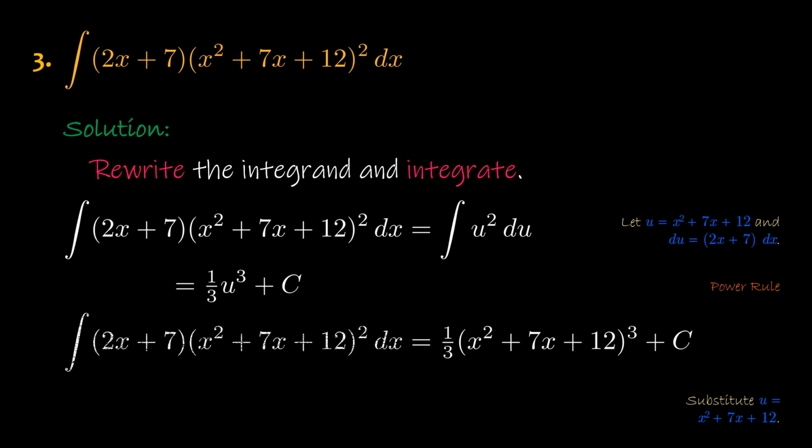Thus, the integral of quantity 2x plus 7 multiplied by the square of quantity x squared plus 7x plus 12 dx is equal to 1/3 of the cube of quantity x squared plus 7x plus 12 plus c.